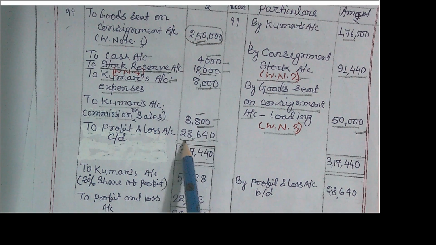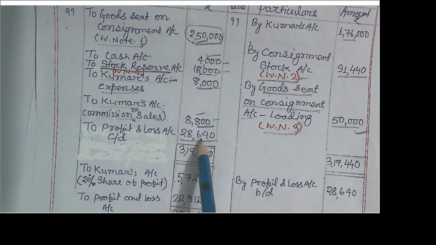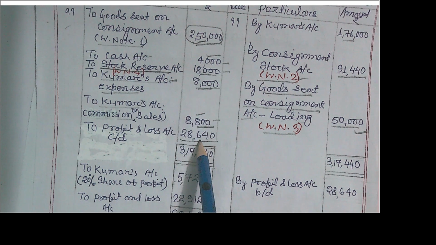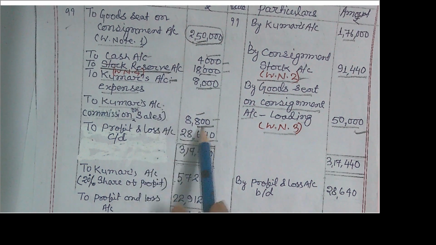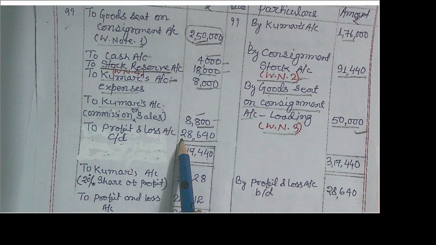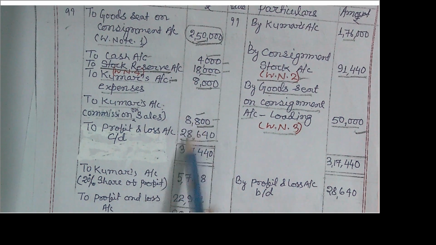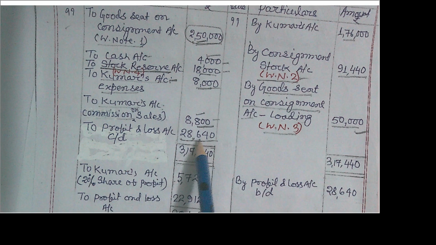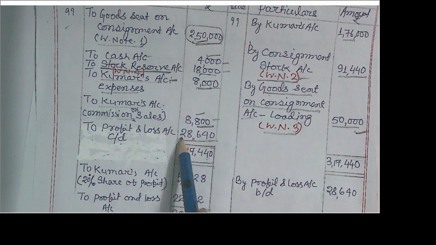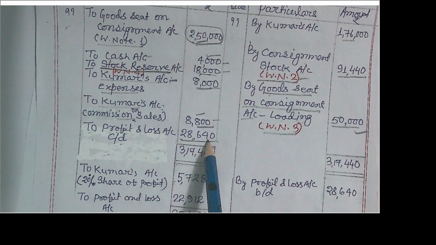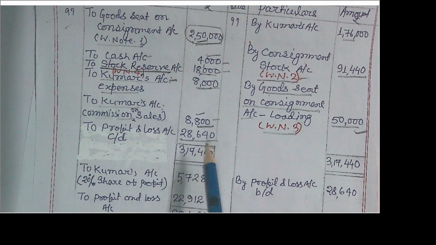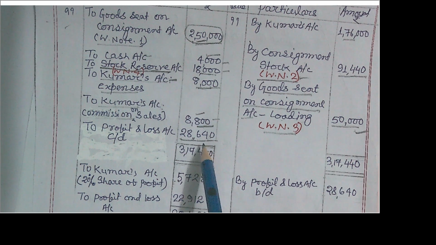So the balance we got, 28,640, is called the profit after charging commission. On this 28,640 again he will get a 20% share of profit.